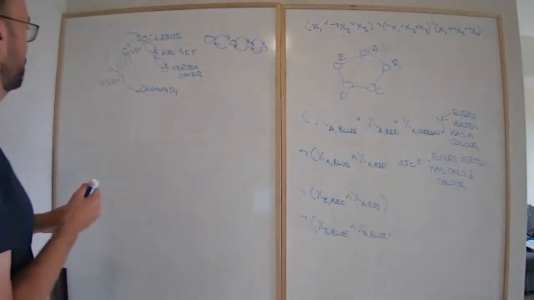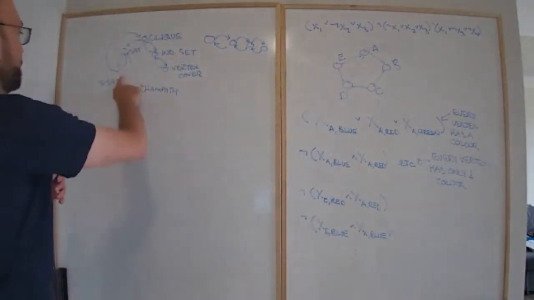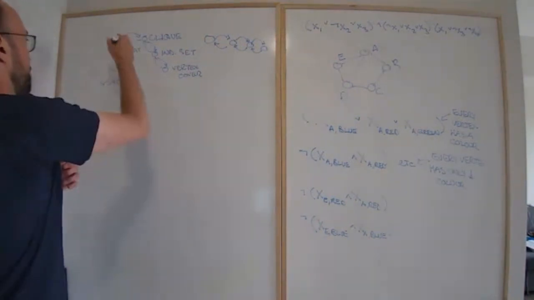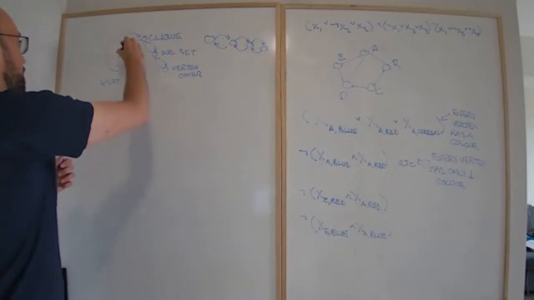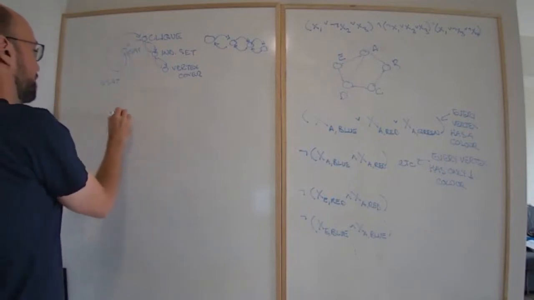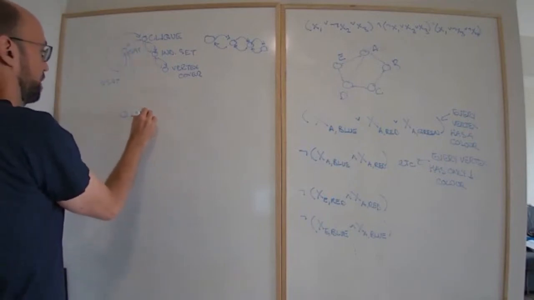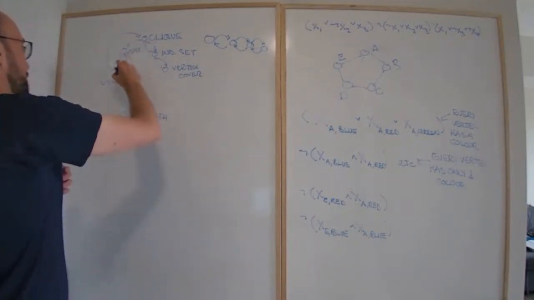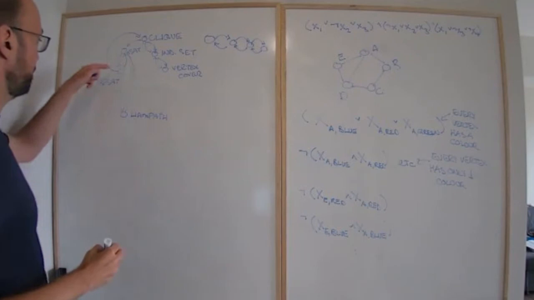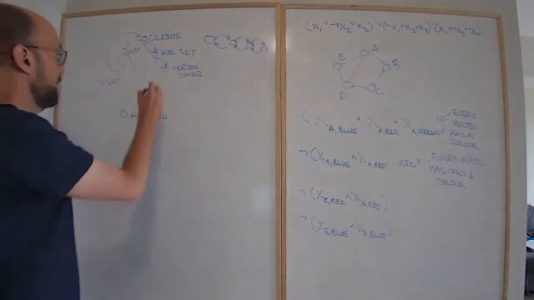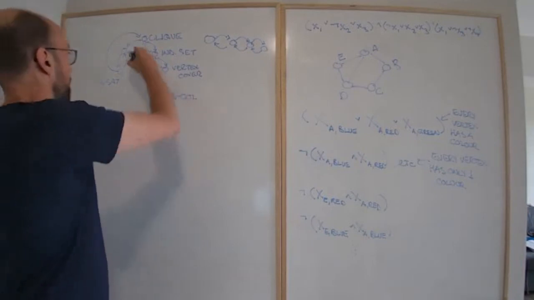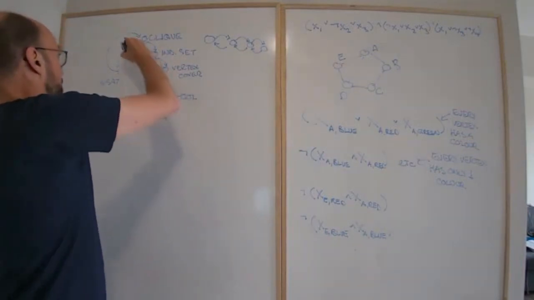So Hamiltonian path is going to be here. Hamiltonian path reduces to SAT, and 3-SAT reduces to Hamiltonian path. Now we have 3-colorability reduces to SAT.